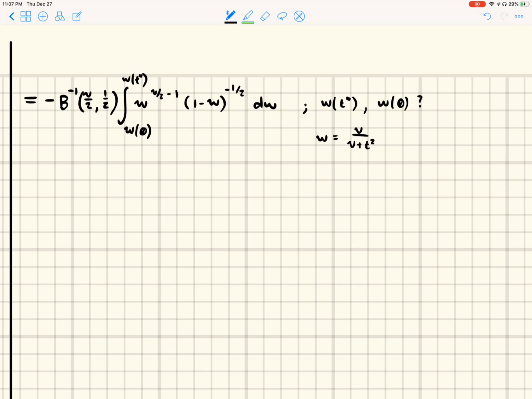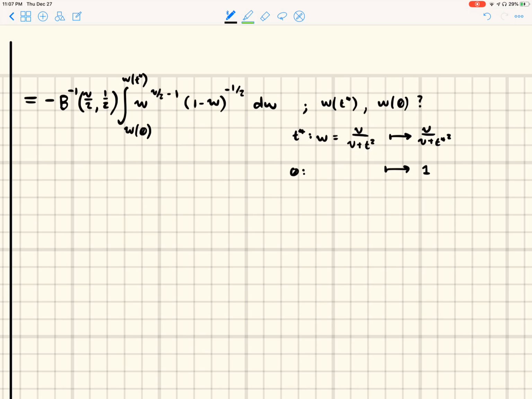So when we replace t with t star, we simply get v over v plus t star squared. And when we replace t with 0, we simply get 1.